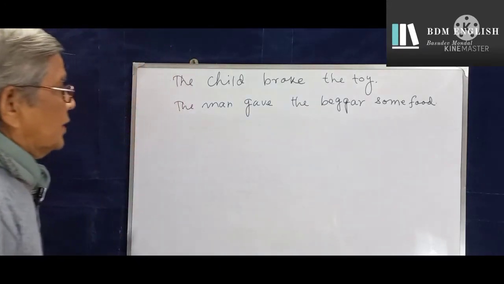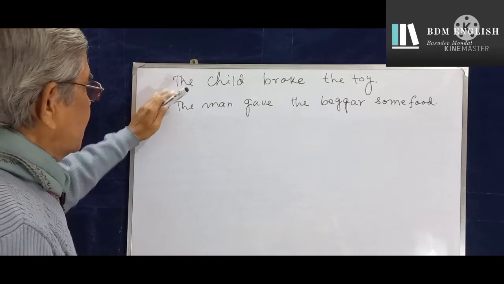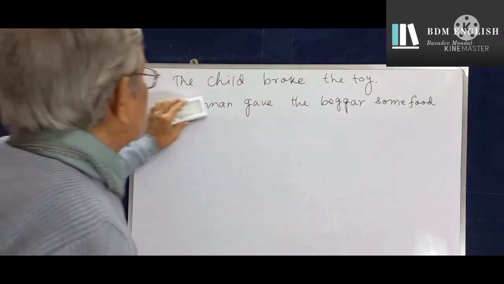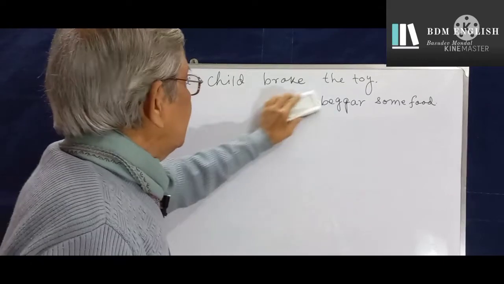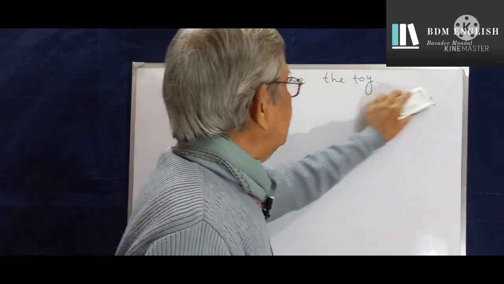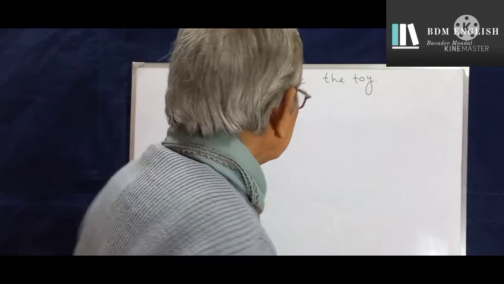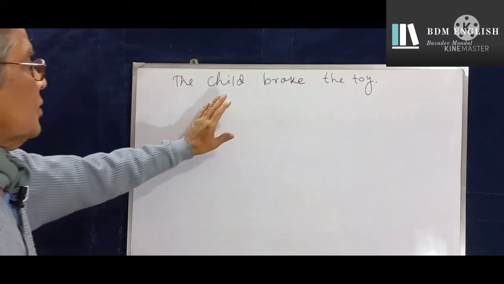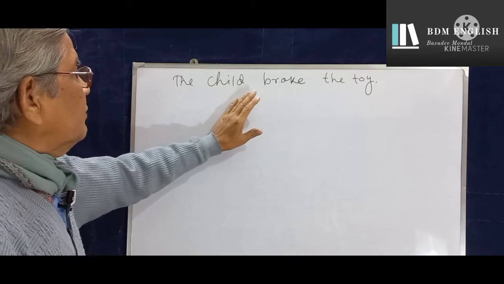Now, let us talk about the first category of transitive verbs, and we will take up the second category later. In this sentence, we have 5 words.